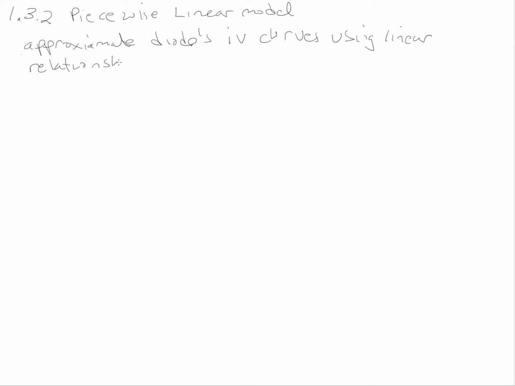And remember, it's not really linear because we had that ID equals IS times e to the VD over VT minus 1. So it's not linear, but we're going to approximate it.